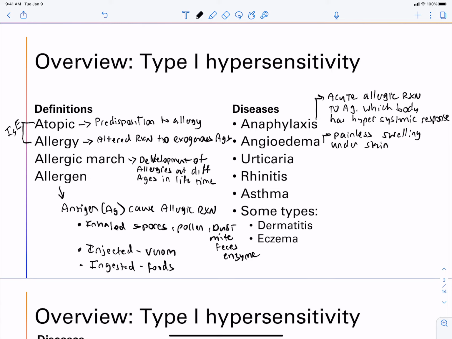Urticaria is going to be a rash on the skin, and it's itchy, and it's usually associated with food allergies. There's also rhinitis, which is inflammation of the mucous membrane of the nose, and it can be caused by a virus such as a cold or an allergy such as hay fever.